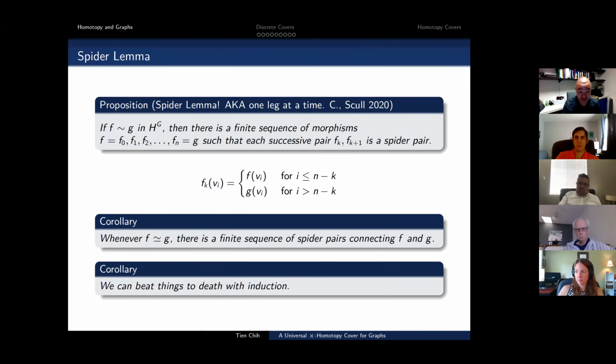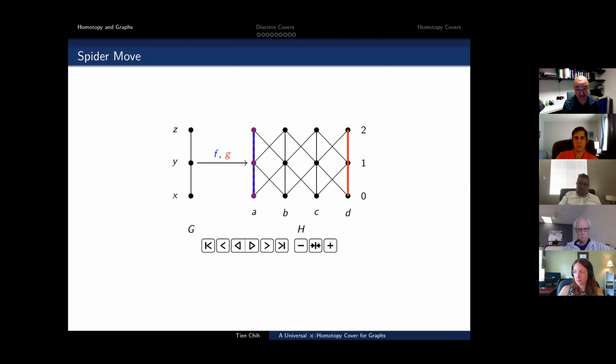And I have a pretty good example of this coming right up. All right, so here I have a graph H, and I have an inclusion of my length 2 path G into H. And I claim that embedding this way and embedding this way, and we'll just say X goes to whatever 0 is, Y goes to 1, Z goes to 2, for simplicity's sake, that these are homotopic.